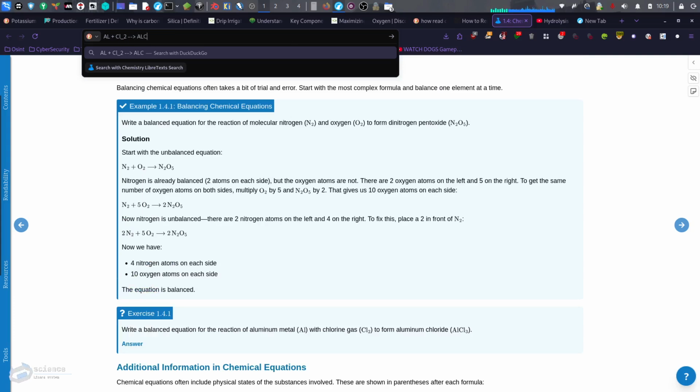I start with this, and aluminium chloride. I do not understand how to balance. Start with the unbalanced equation.